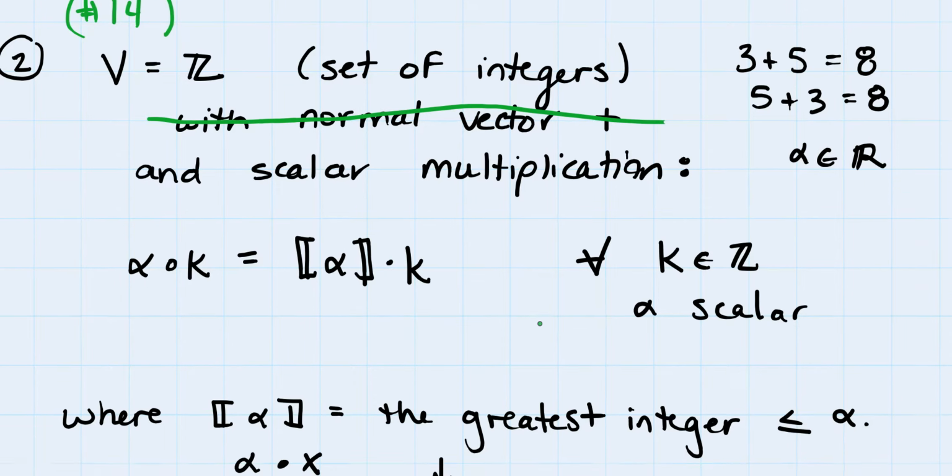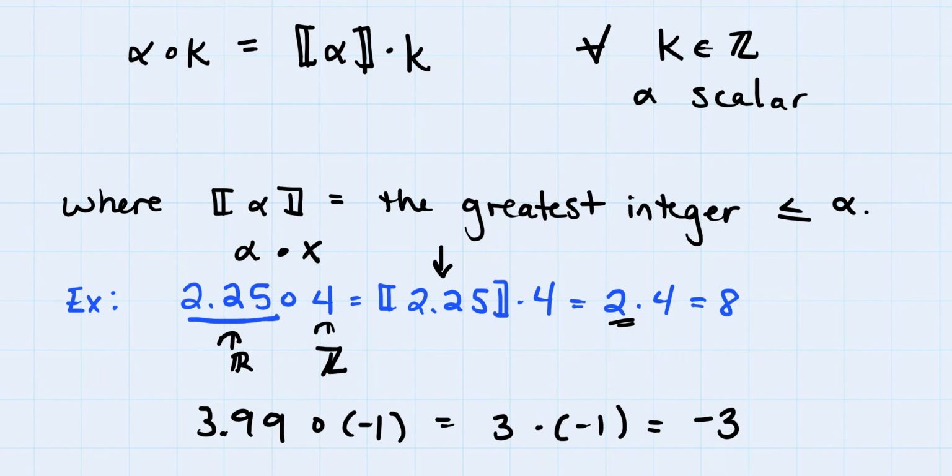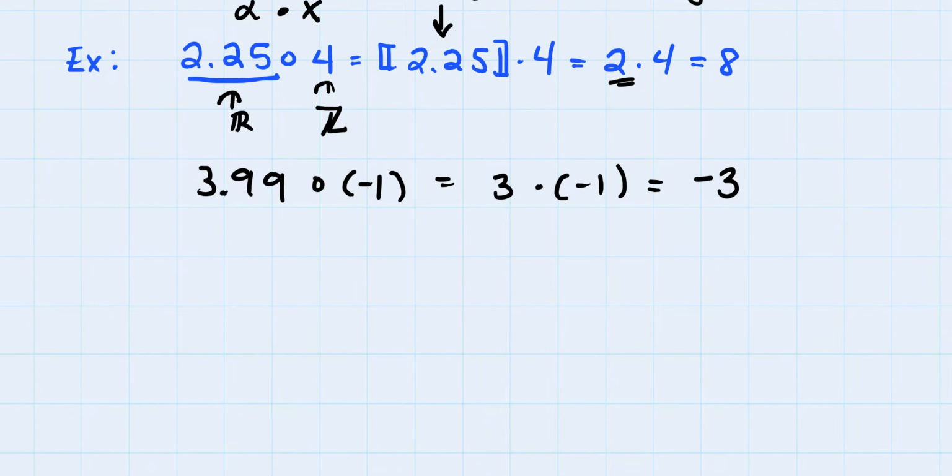Okay, let me show you a property it fails. So we had this property that says if we take two scalars and add them together and then multiply it with the vector, it's the same thing as multiplying each of the scalars with the vector and then adding them. Let's put this funny looking multiplication here.